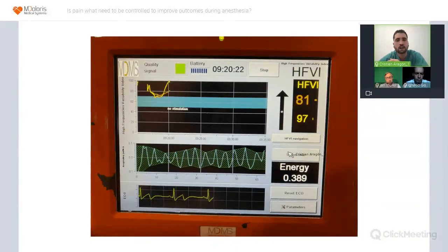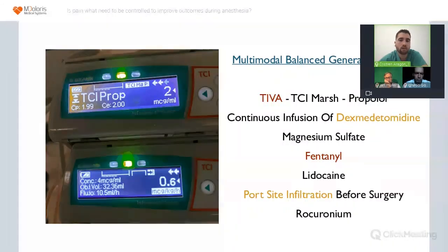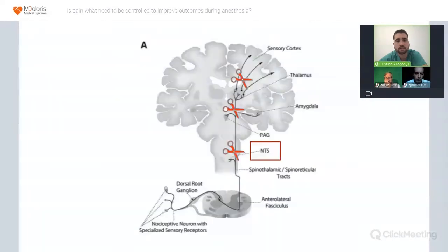He was a 60 years old patient with good previous physical condition. And he also has high values of ANI. The type of anesthesia I performed was a multimodal general anesthesia with low doses of opioids.